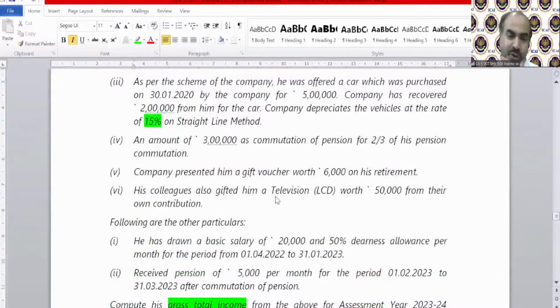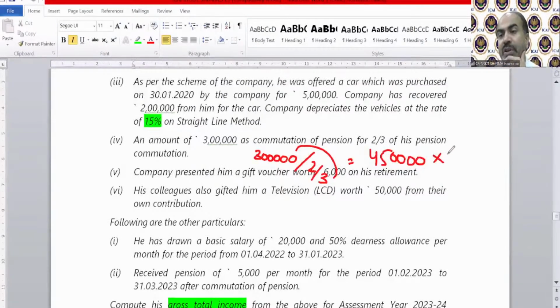An amount of 3 lakh as commuted pension for 2/3 of his pension commission we received. So we need to find out first of all the whole value of pension. So if 2/3 is equivalent to 3 lakh, that means the total value of pension will be 4,50,000.